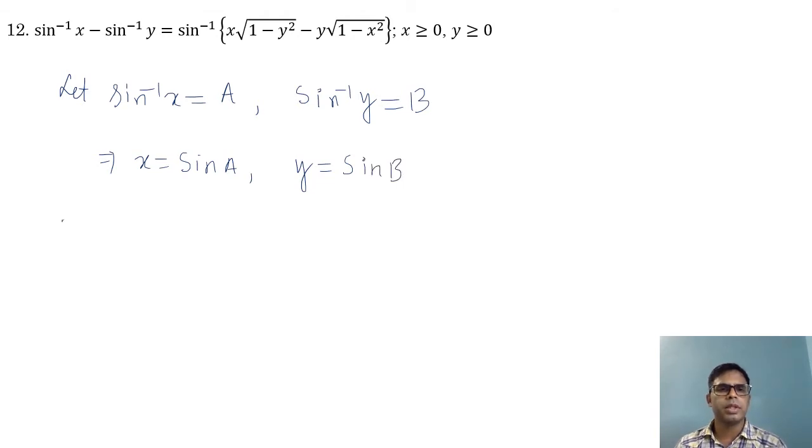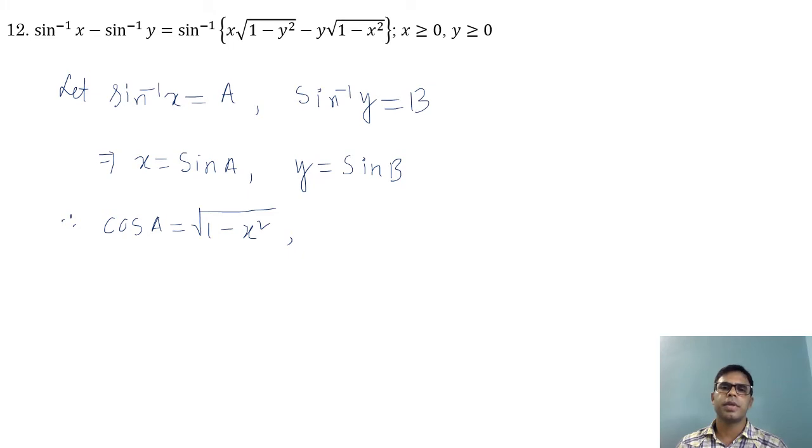And therefore, since sin a is equal to x, we can find cos a. Cos a is simply root over 1 minus x square. Very simple, because cos a is equal to root over 1 minus sin square a, and this will be positive as x is greater than 0. X greater than 0 means sin a is positive, and a is in the first quadrant.